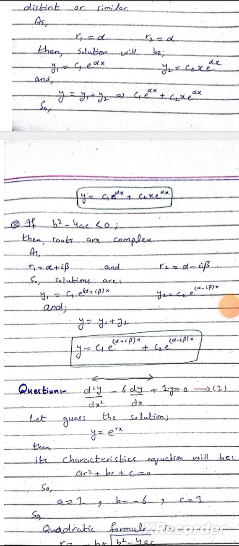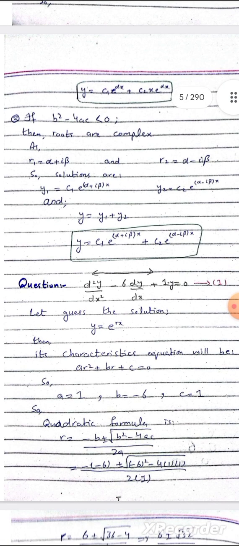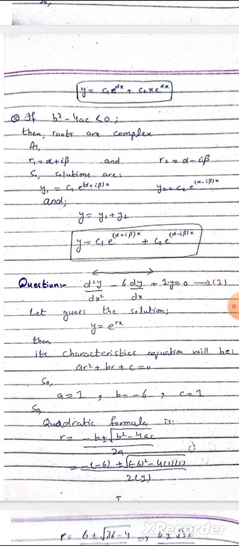So the general equation is, with r1 as alpha plus i beta and r2 as alpha minus i beta, y1 is equal to c1 e^((alpha plus i beta) x), and y2 is equal to c2 e^((alpha minus i beta) x).